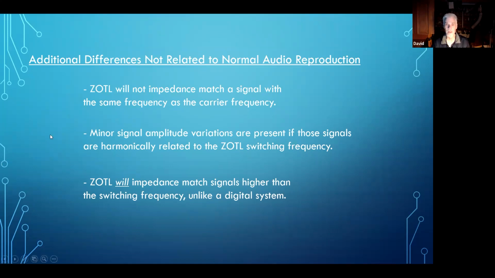And even with subharmonics, you can see little perturbations too. Again, these don't affect the audio.